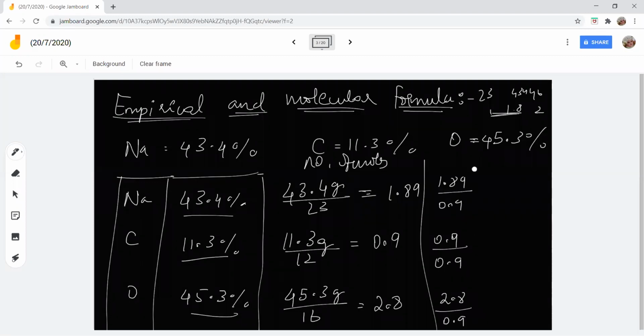You will get the simplest ratio, which is 2, 1, almost 3. So the simplest ratio is 2 is to 1 is to 3. So the empirical formula is Na2CO3. You all understand? This might be the molecular formula also, but this is the empirical formula that I have received here. You all understand, students?